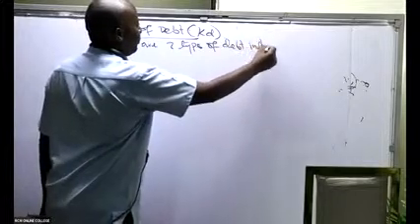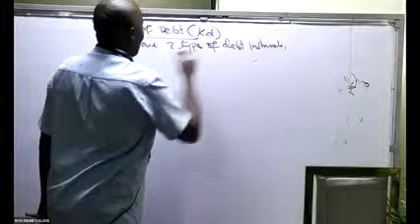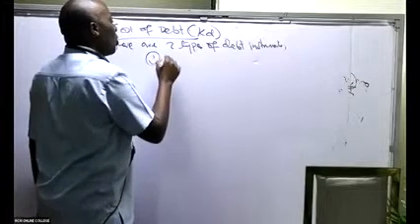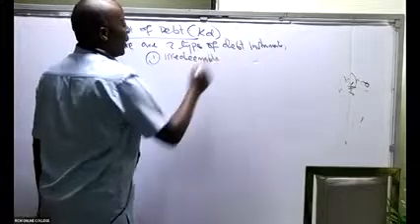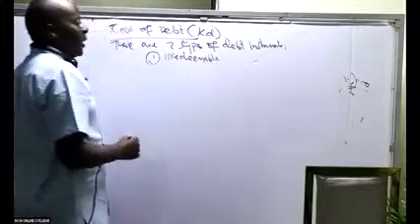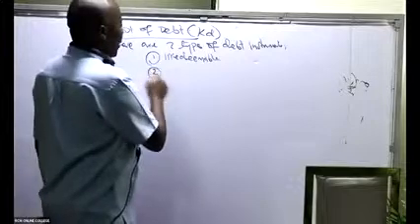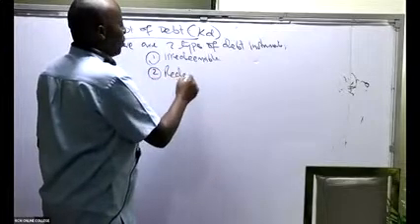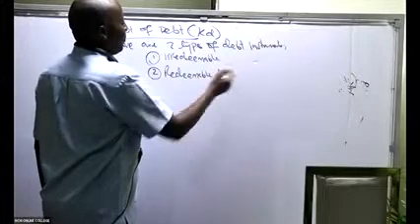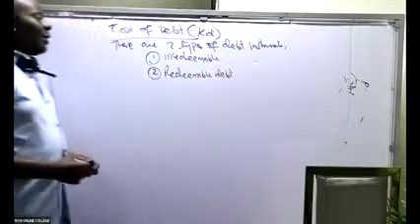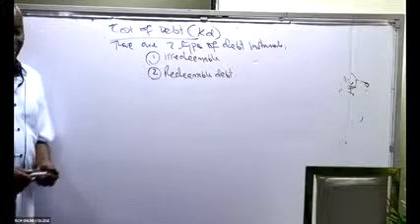Number 1, we have what we call irredeemable debt. And then number 2, we have what we call redeemable debt.